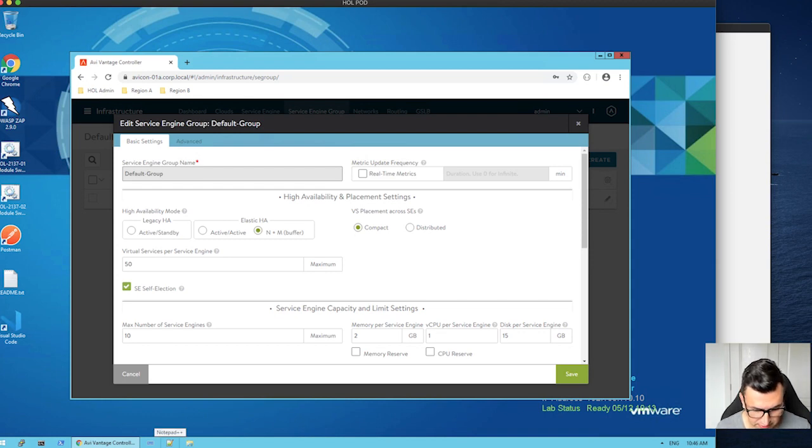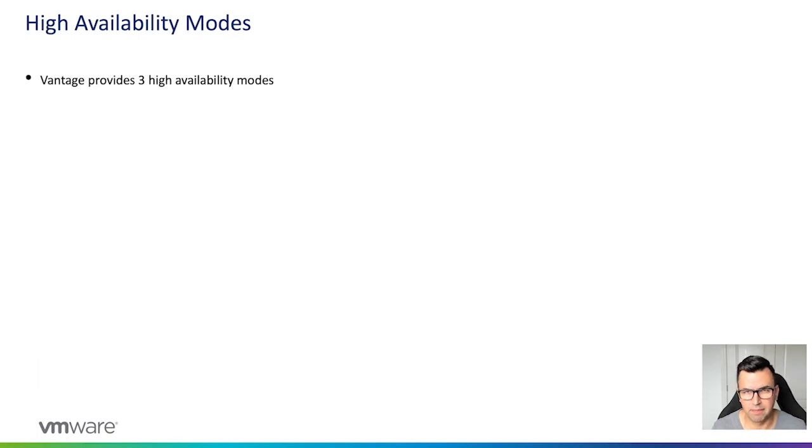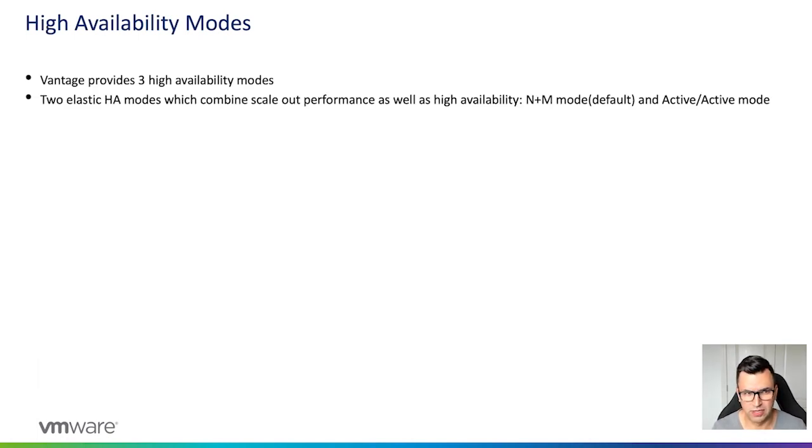Let's go back to the slides and talk about what we mean by high availability modes. Avi provides three high availability modes. The first two, elastic HA, combine scale-out performance and high availability, and we have two modes: N+M, which is the default, and an active-active mode.